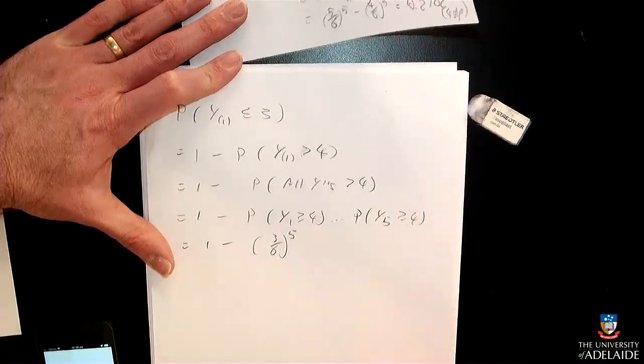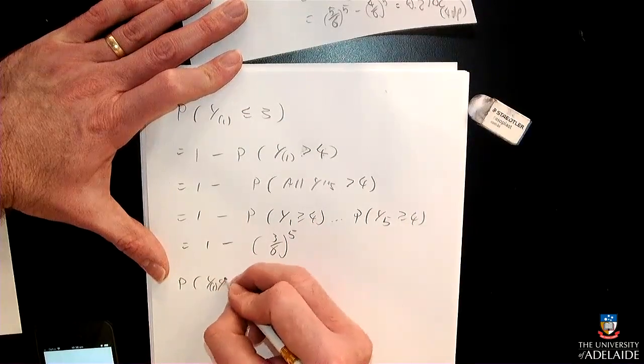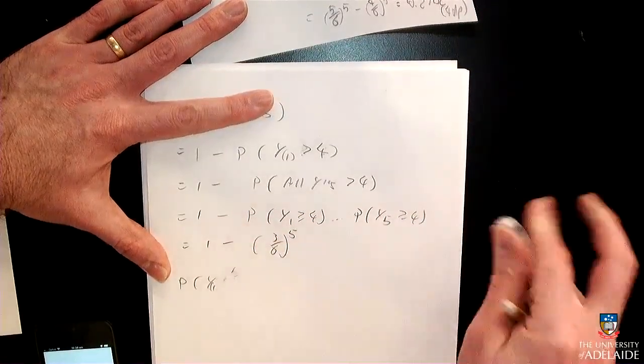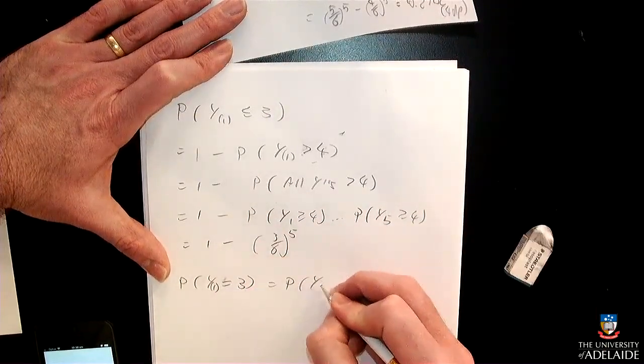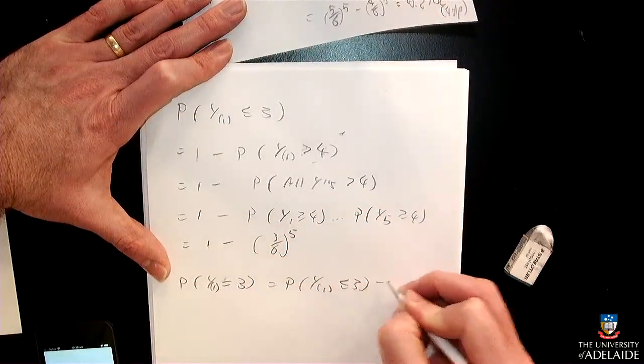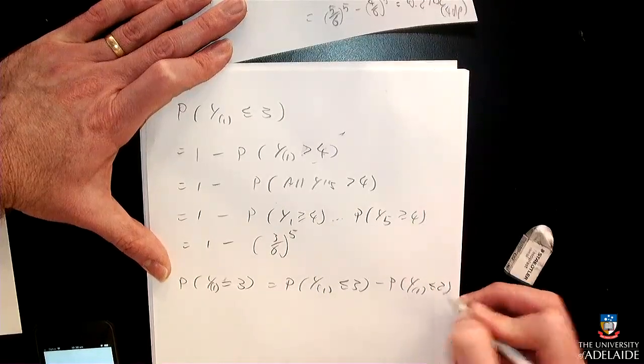So the probability that y bracket 1 is equal to 3 would be the probability that y1 is less than or equal to 3 minus the probability that y1 is less than or equal to 2, which we already figured out.